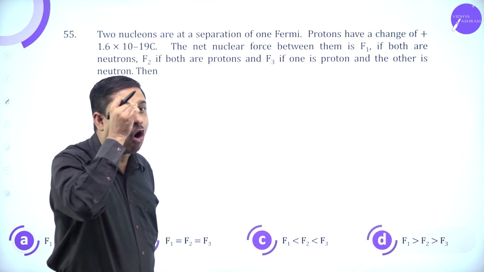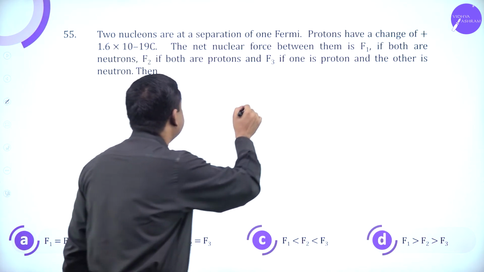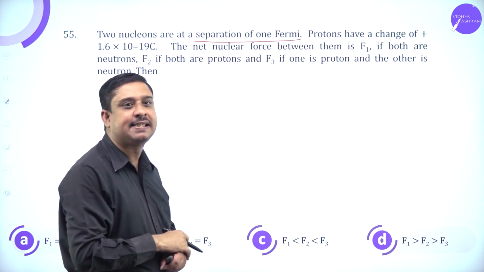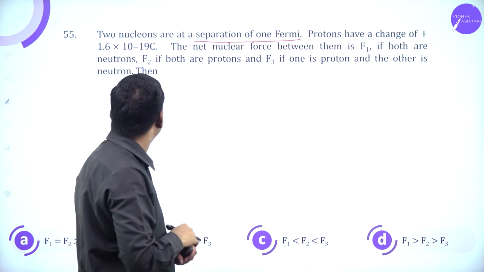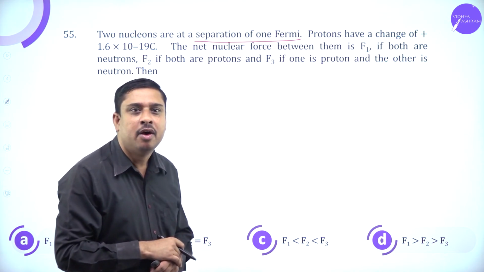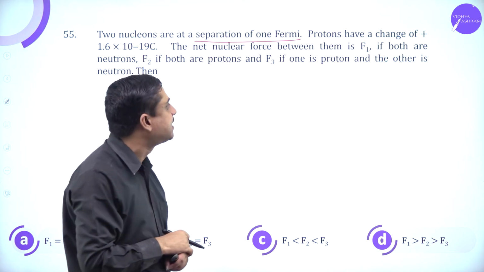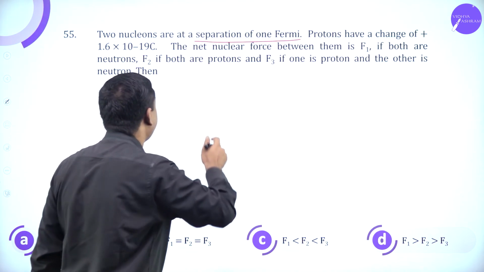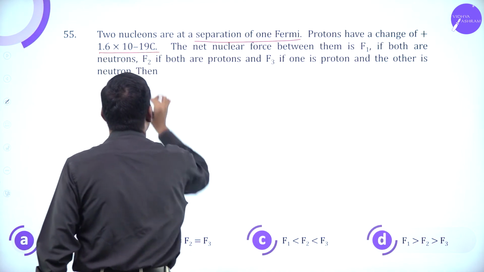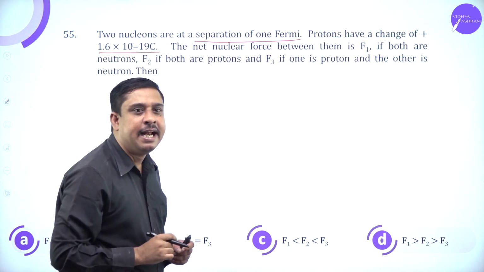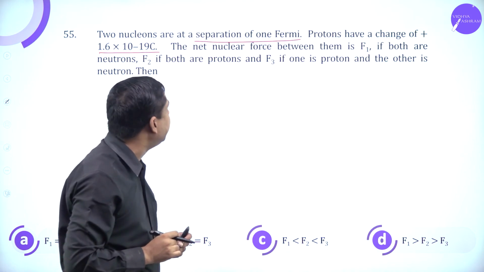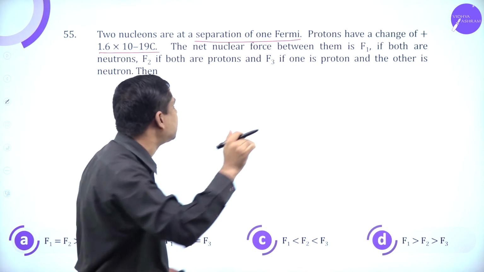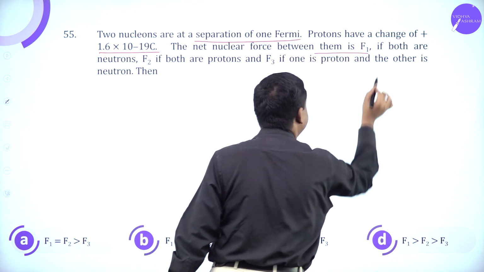Two nucleons are separated by one Fermi distance. Protons have a charge of 1.6 into 10 power minus 19 coulomb. The nuclear force between the protons is F1.